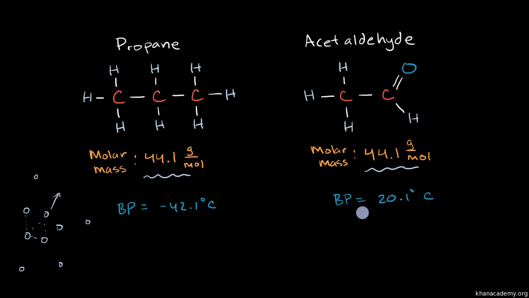Why does it take more energy for the molecules in liquid acetaldehyde to be able to break free of each other, to overcome their intermolecular forces? Well, the answer, you might imagine, is other things are at play on top of the London dispersion forces. And what we're going to talk about in this video is dipole-dipole forces. So you might already imagine where this is going.